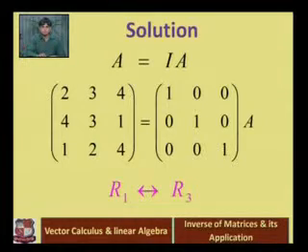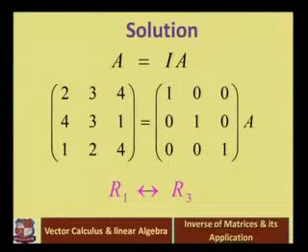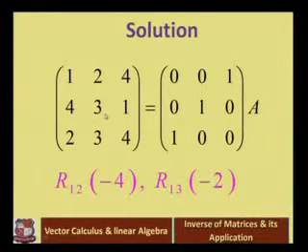First of all, we convert this matrix A into the identity matrix. For that, here we must have 1, but the element is still 2. To convert this element into 1, we interchange the first row with the third row, and after interchanging these two rows the matrix becomes [1 2 4; 4 3 1; 2 3 4].